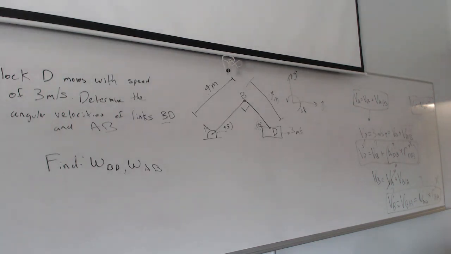So here's the velocity of D vector. I, J, and K. This is the velocity of D, and it's 3 meters per second. And we're given that it's only in the I direction.